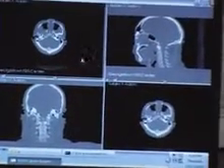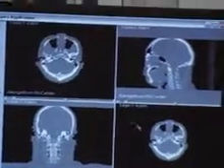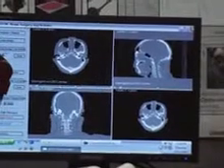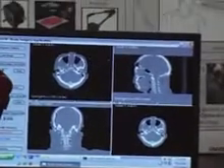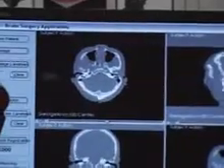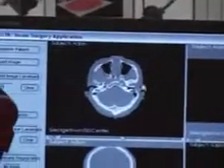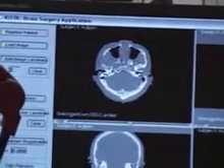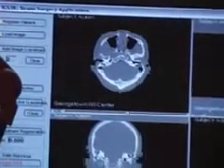So now we have a good view of the CT images, and these are slice numbers 125 to 55 and so on. Now we'll pick 3 points. The first one is the ear, and the next one is the second ear, and the third one is the nose.